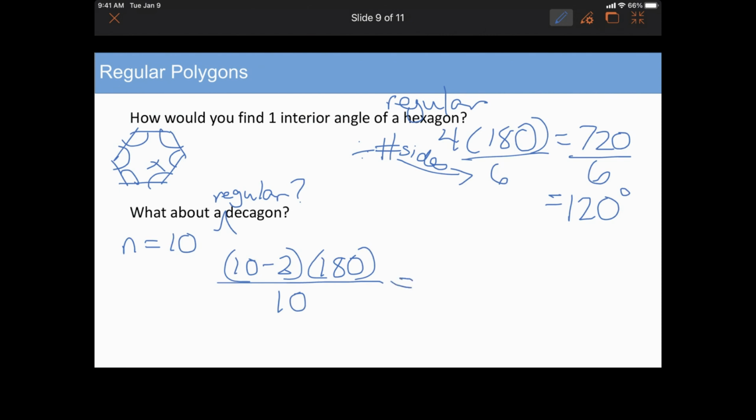Okay, so 8 times 180 divided by 10. I have 144 degrees. Okay. And hopefully most of you were able to reason that out before I even said it.